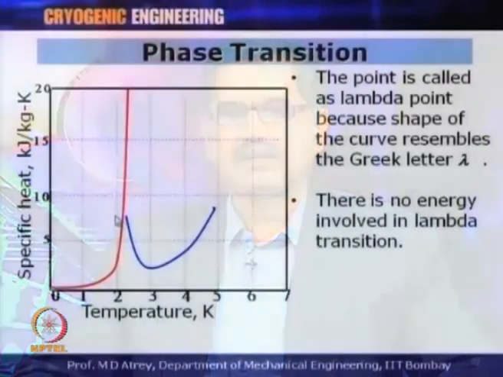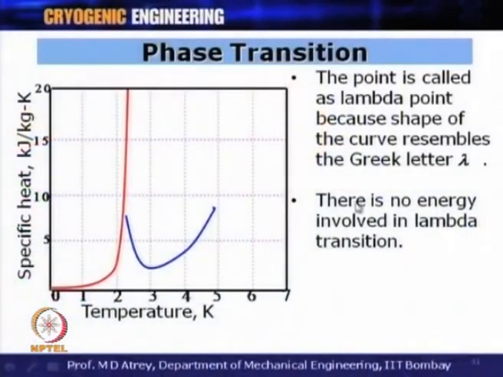In this case, there is no energy involved; there is a smooth transition from one phase to another, from liquid helium 1 to helium 2. What changes at this point is the abrupt change in the specific heat at this lambda point, but there is no energy involved in this lambda transition.